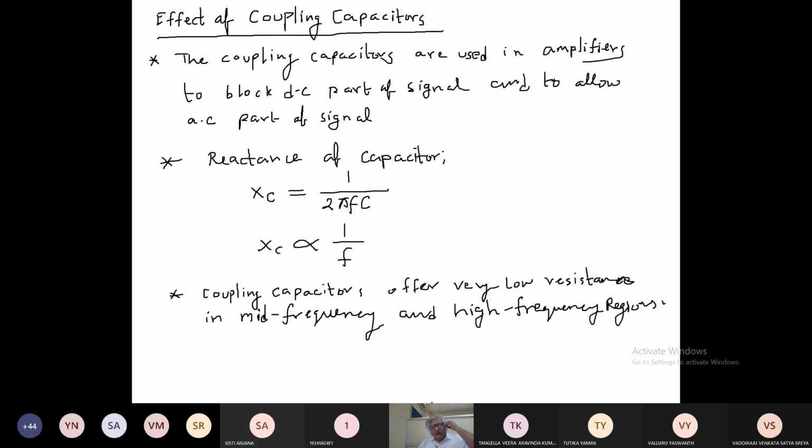So they can be considered as a short circuit.